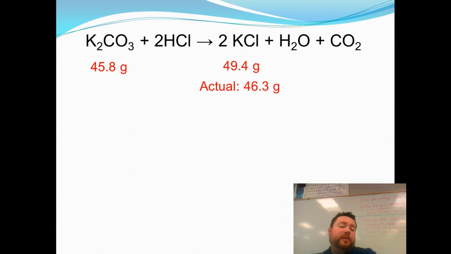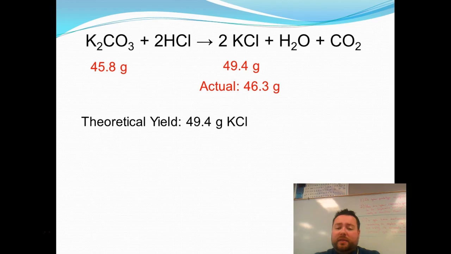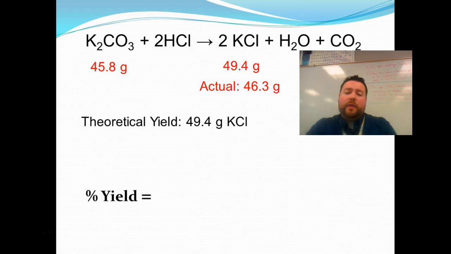So now we've determined our theoretical yield, which I plugged in right underneath that potassium chloride up there. And so now we can determine our percent yield. Okay, so our percent yield is the actual divided by the theoretical. So our actual yield is 46.3 grams, which was provided to us in the initial problem.